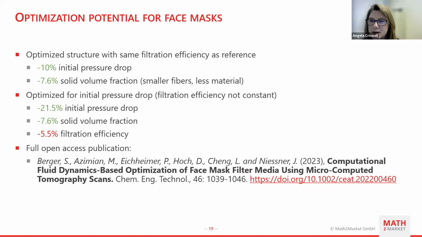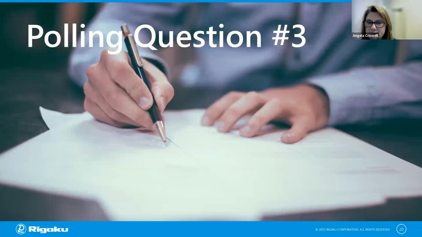All right, so then we're going to head on to the next slide. Questions. The last question is a polling question for the audience. I'm going to launch question number 3. Which advantage of the optimization process provides the most benefit for your application?